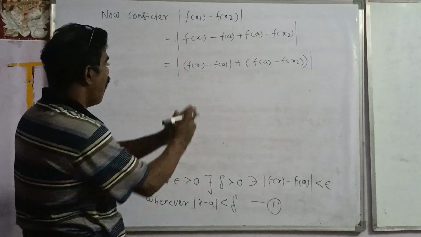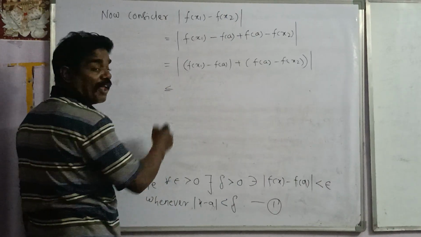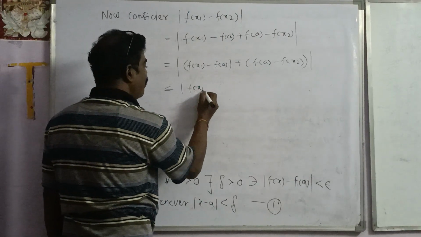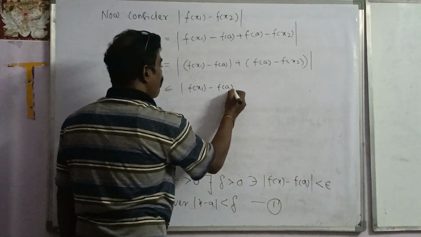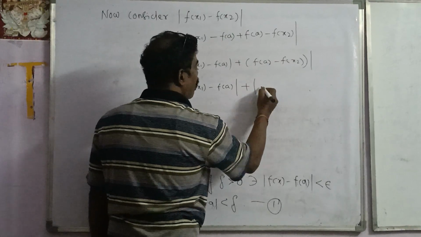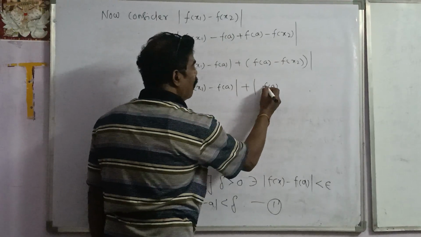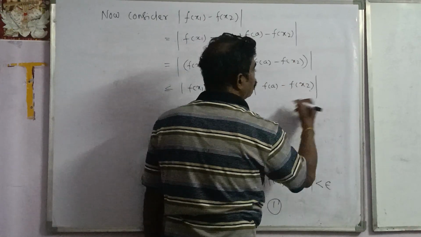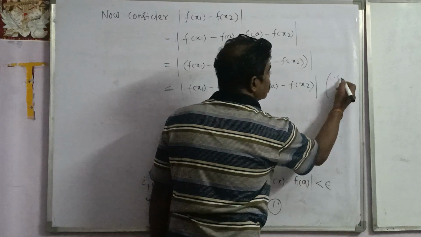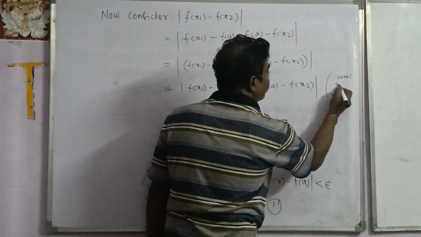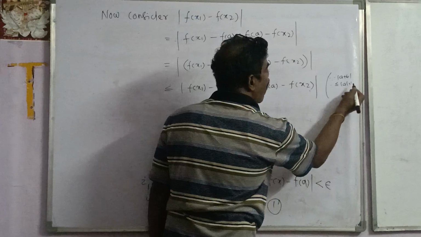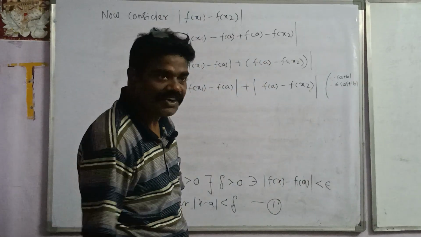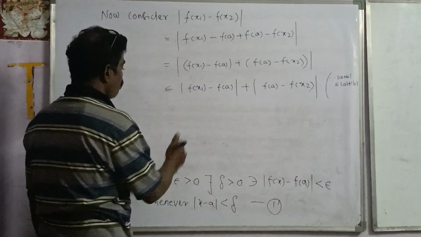I am writing this one in 2 parts. I will separate this one. When you are separating, you are writing less than or equal to |f(x1) - f(a)| + |f(a) - f(x2)|. What is our condition? Since |a + b| is less than or equal to |a| + |b|.